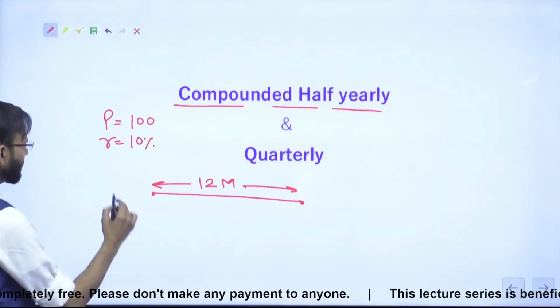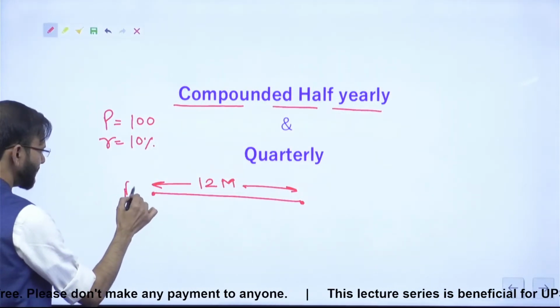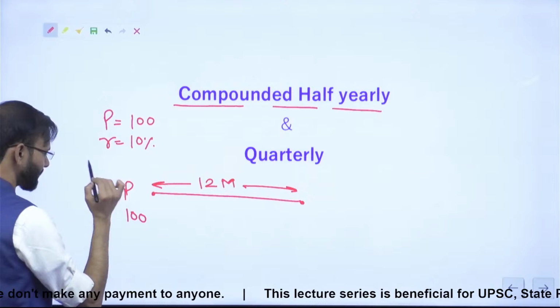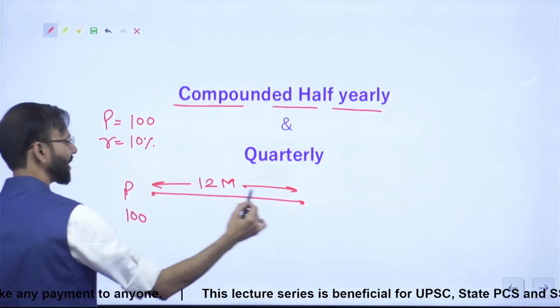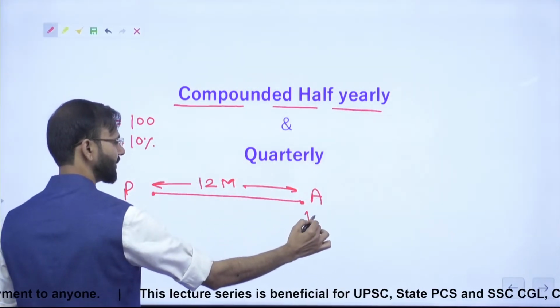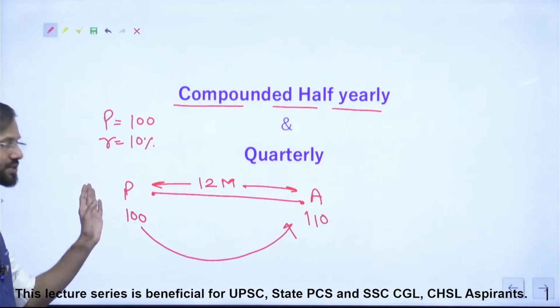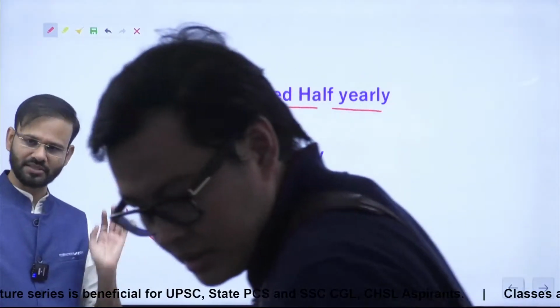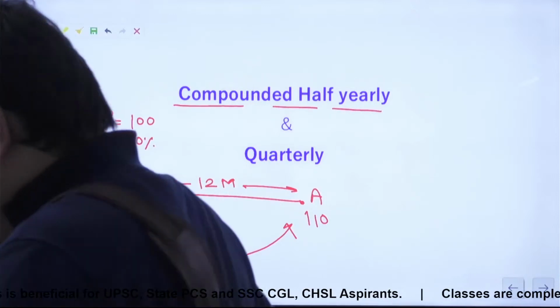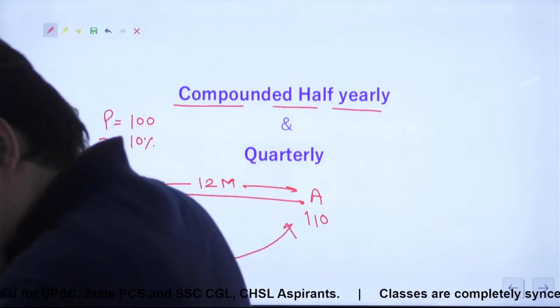If you have deposited 100 rupees here, then the amount will become 110 after 1 year when compounding is done on a per annum basis, annually.